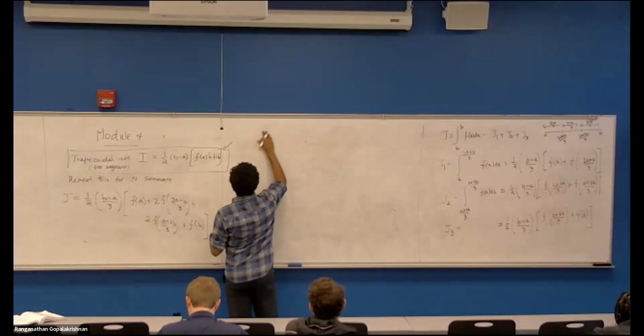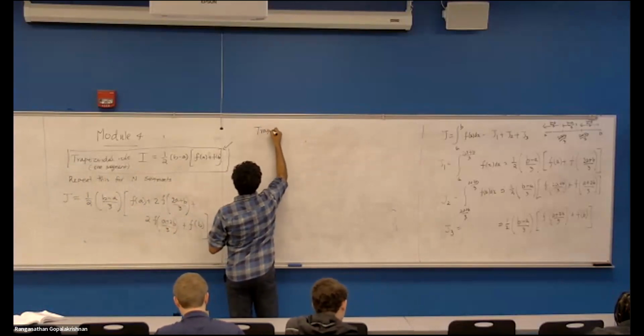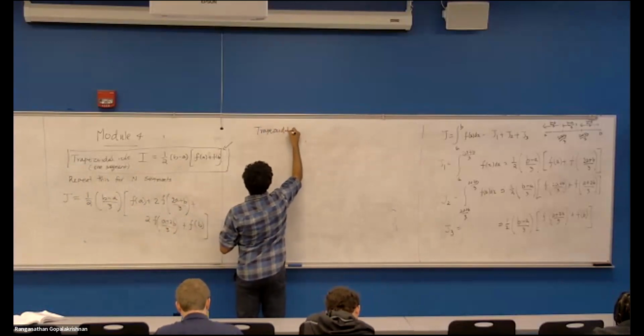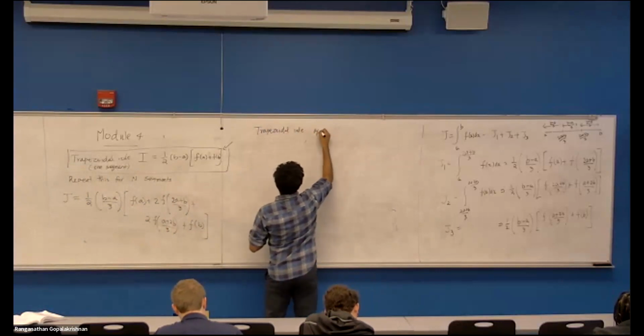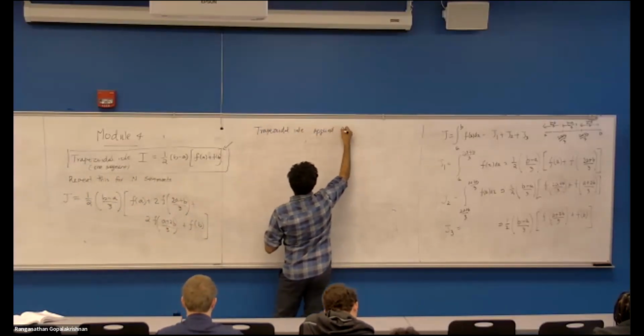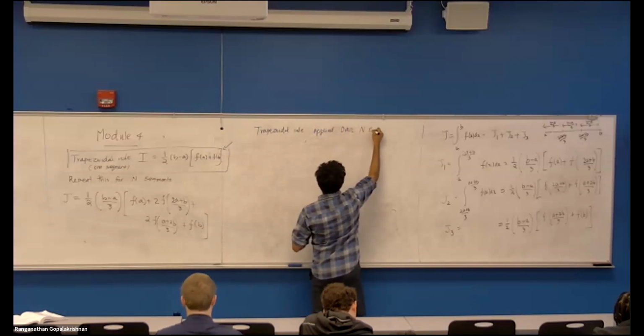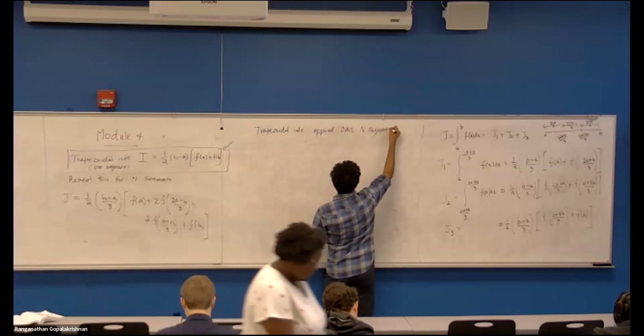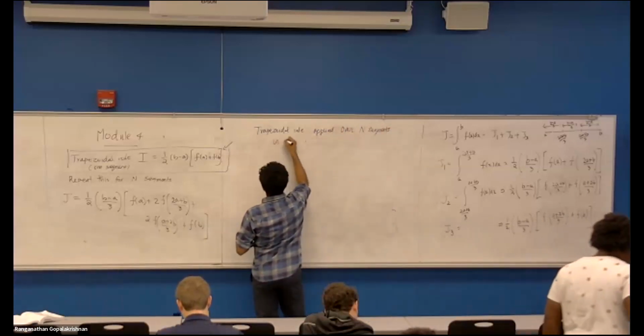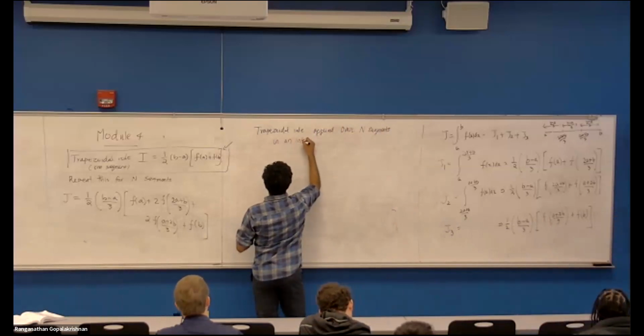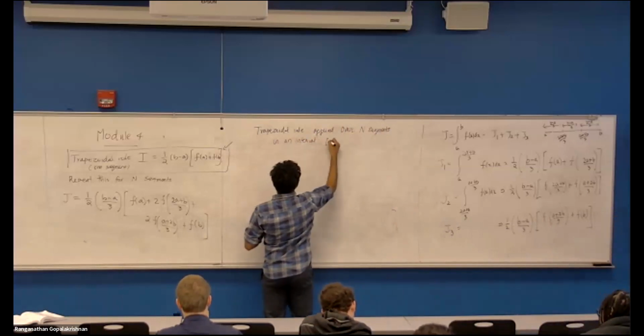So, trapezoidal rule applied over n segments in an interval a to b.